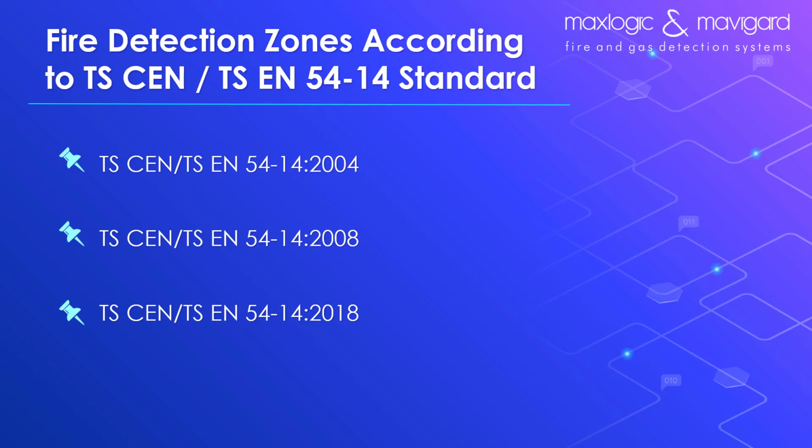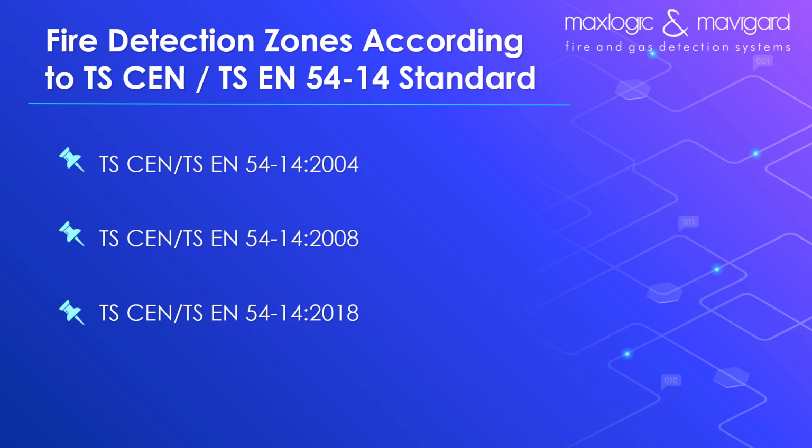The Turkish Standards Institute undertakes the task of nationalizing, implementing, distributing and supervising the relevant guide in Turkey. For this purpose, CEN TS 54-14 was published by TSE and made valid in our country. This standard was last revised in 2018 and this current version is used.